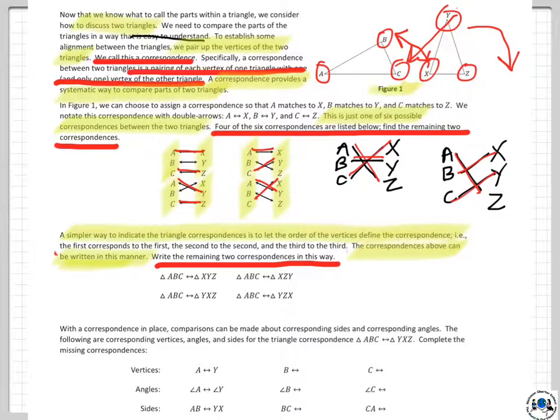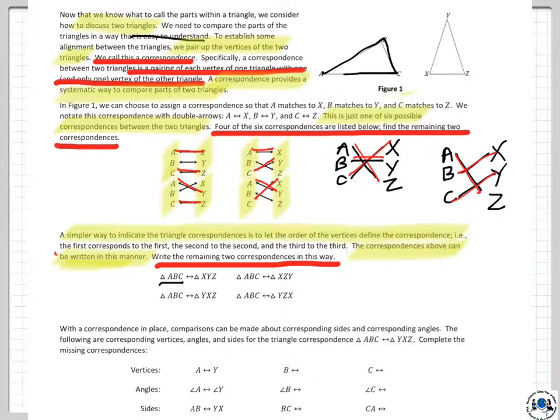Okay, so you can see right here what it's actually saying is now we're looking at these triangles here. Let me go ahead and erase all this. Now we have triangle ABC, which corresponds to triangle XYZ. And then this one here is triangle ABC.